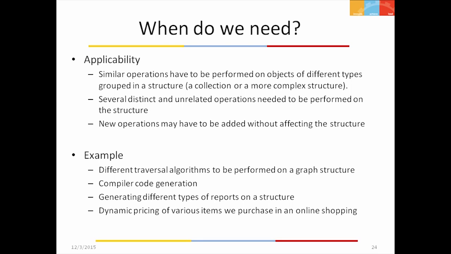So there is a structure containing the data, and by visiting different parts of the structure, you generate different types of report. Then calculate different types of pricing of various items that are purchased in an online shopping by visiting the shopping cart. These are all different types of examples where you can use the visitor pattern.